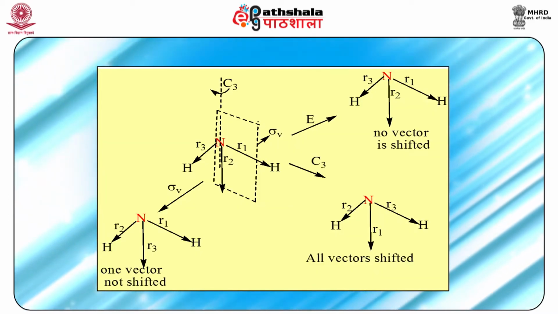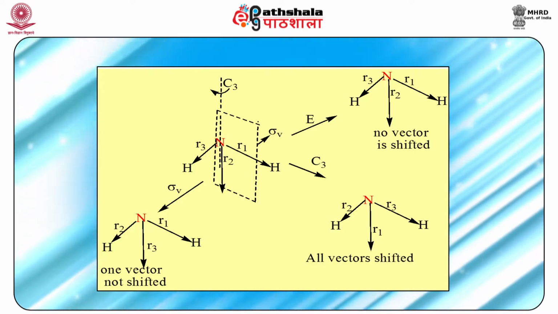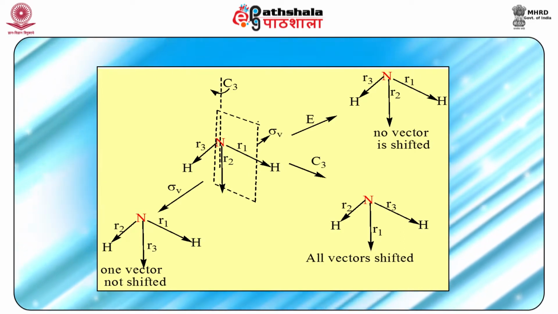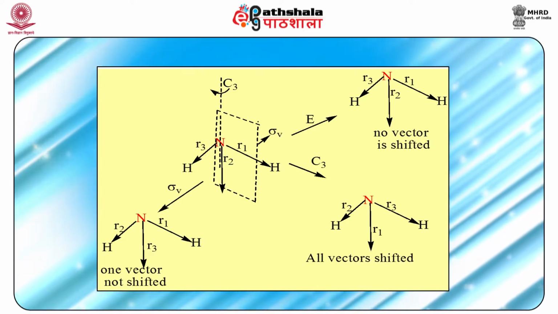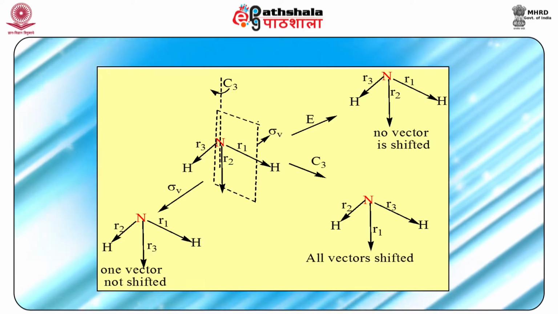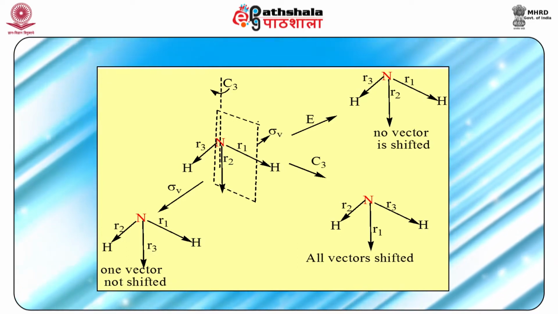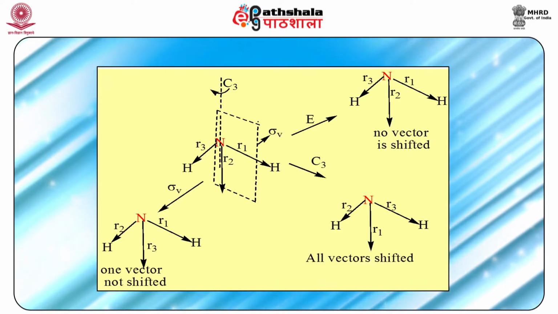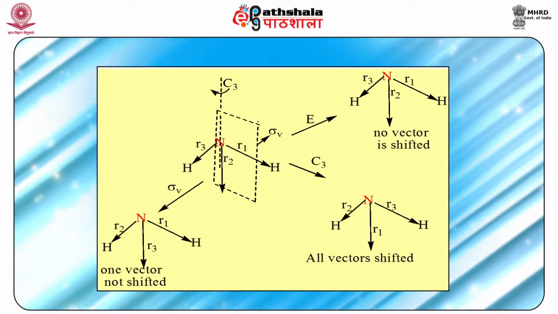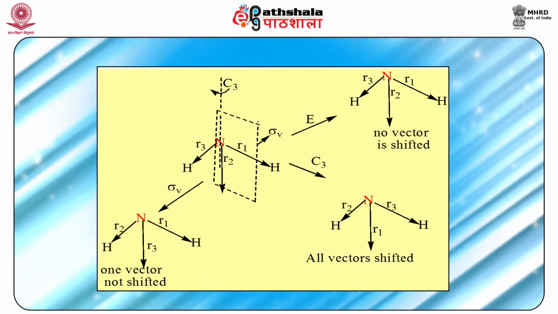Now in step 3, let us take R1, R2, R3, that is, the 3 NH bonds, as the basis and find out the reducible representation tau. The effect of symmetry operations is shown in the figure. You can verify that under E none of the NH bonds is shifted, under C3 all the bond vectors are shifted, and under sigma v only one bond vector is not shifted.